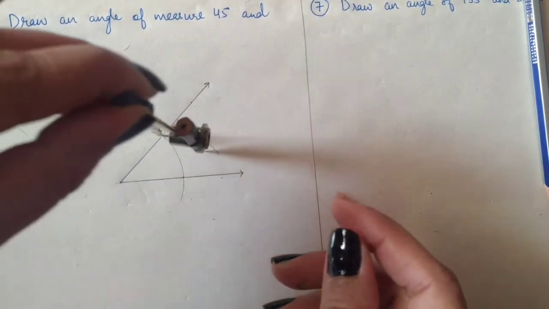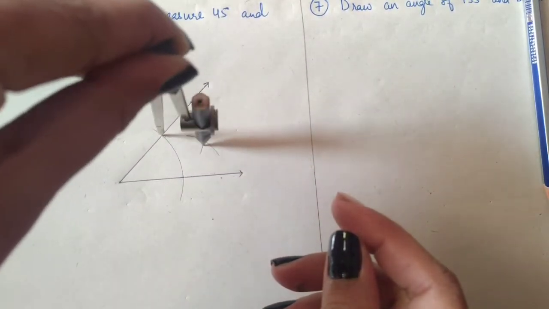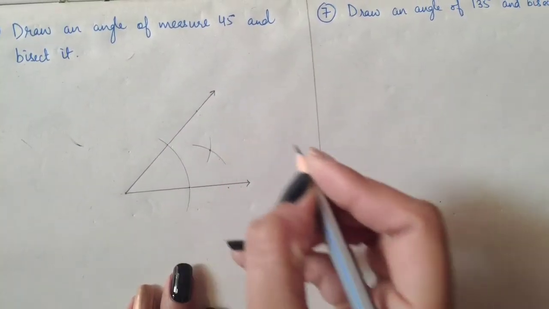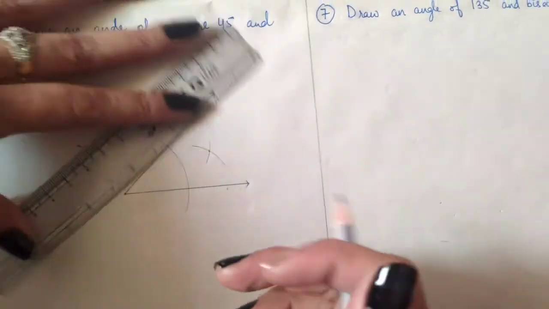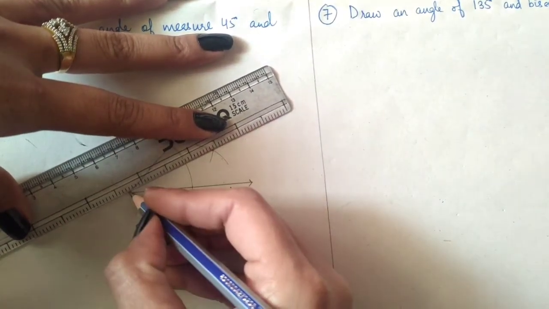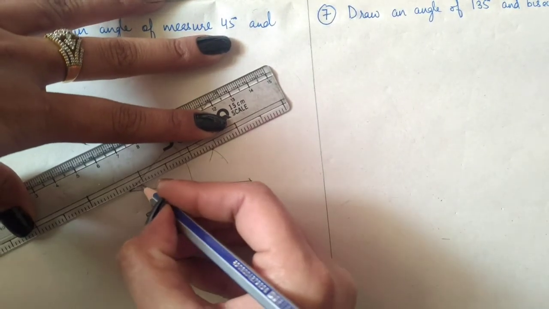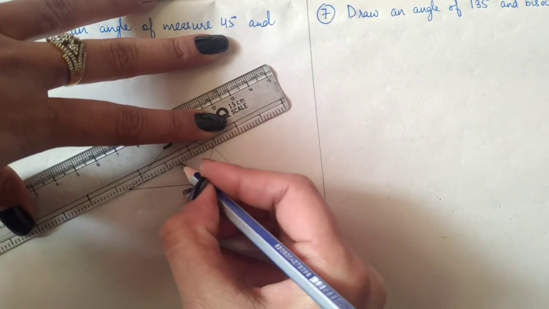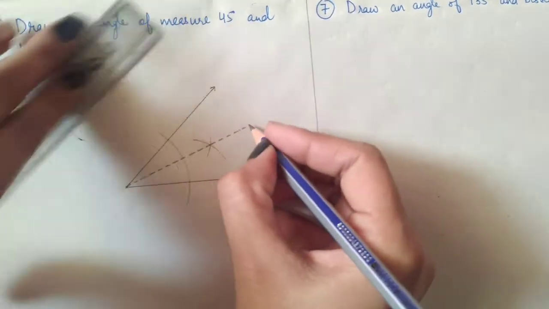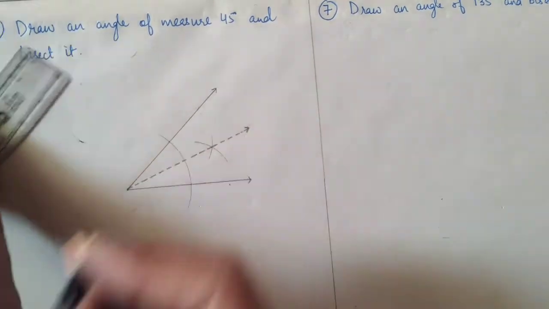Okay, and then I'll draw an arc like this. So now I'll join this point and the vertex.